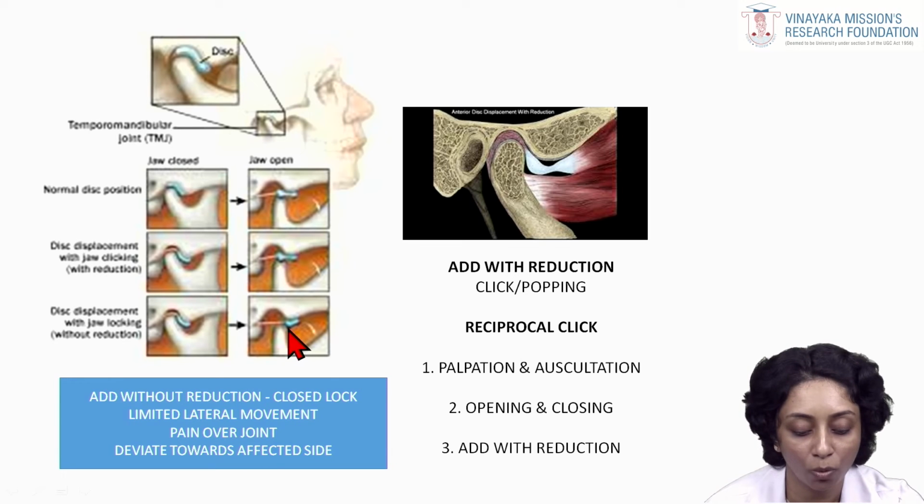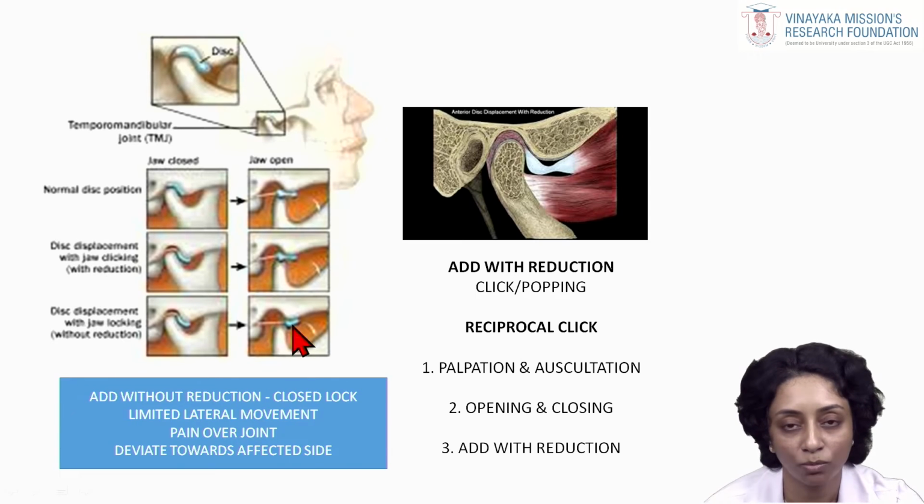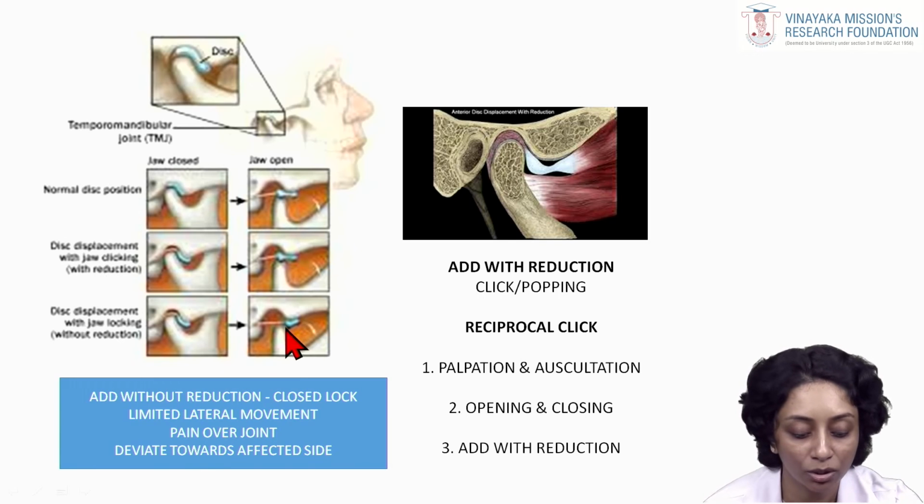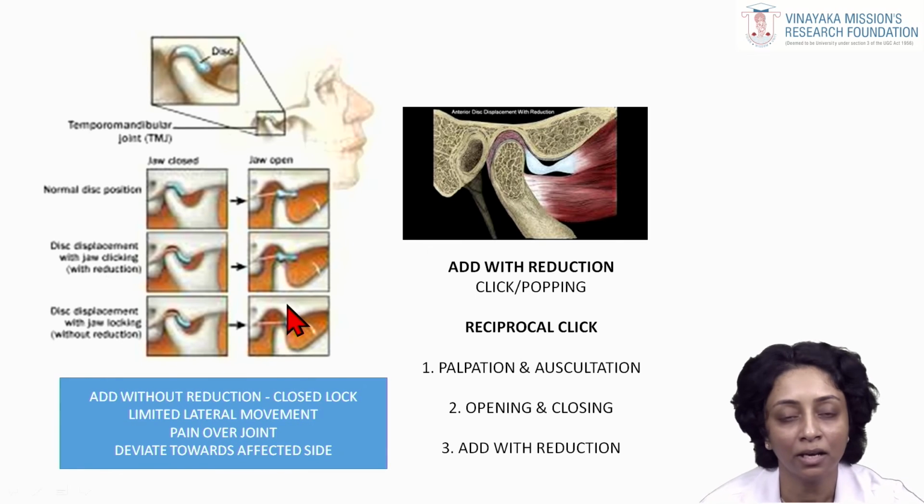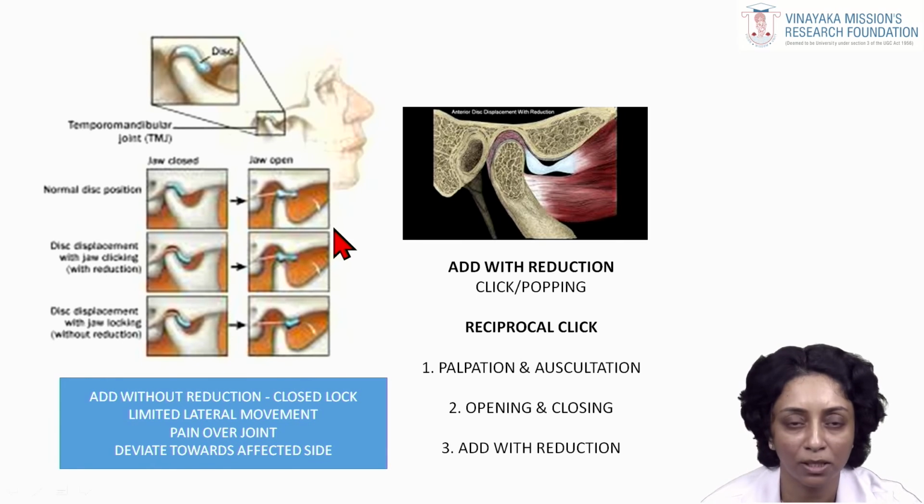When the jaw opens, the whole disc is moved ahead to the articular eminence, which will lead to difficulty in closure of the mouth, and the patient will experience severe pain. So this is what happens in anterior disc displacement with reduction and without reduction.